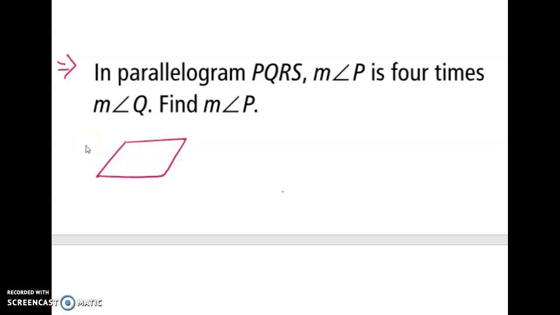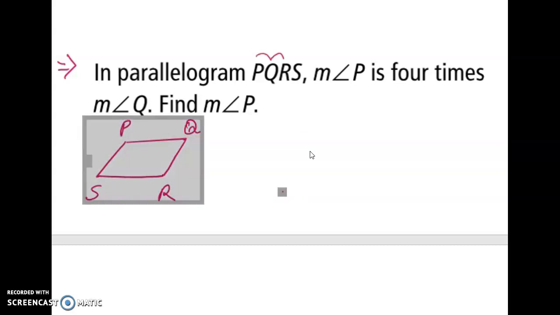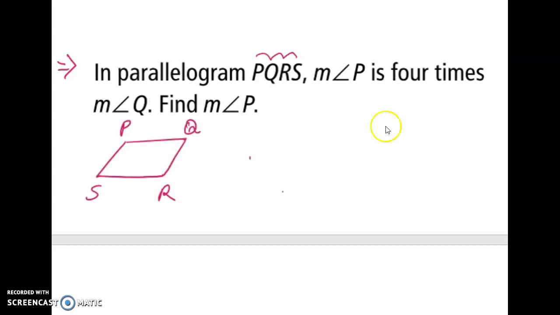So for PQRS, I have to follow the same pattern. Now, P and Q, as you can see, are one after another. So P and Q form consecutive angles. When the angles are consecutive, they are supplementary.